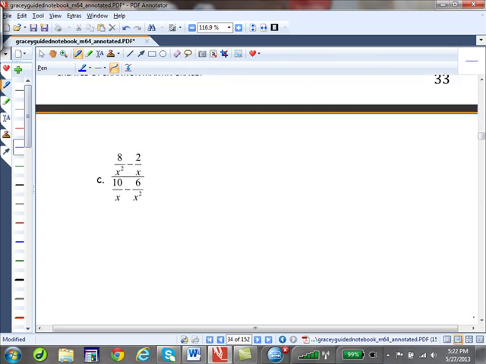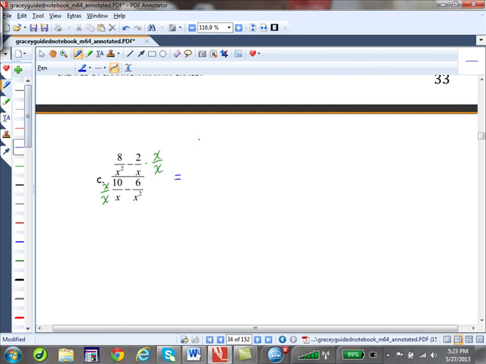Part C. So let's see what they're missing. Do you see that, again, you're going to have the same LCD in the terms in the numerator and the terms in the denominator. So x squared is the LCD, so that one contains the LCD, the 8 over x squared, and the 2 over x needs another factor of x, and in the denominator, the 10 over x is lacking the factor of x that it needs, and the other one is fine.